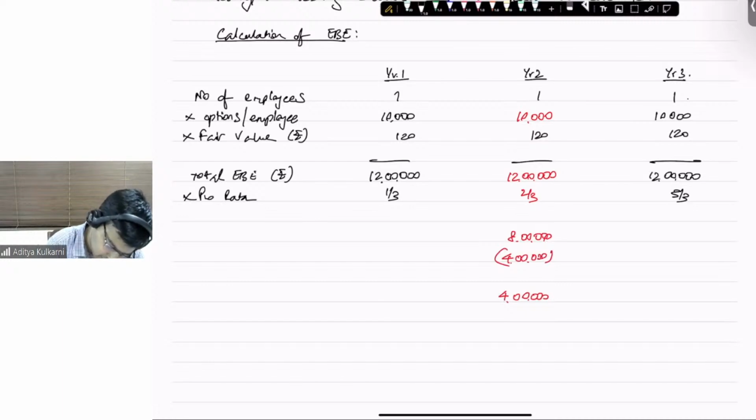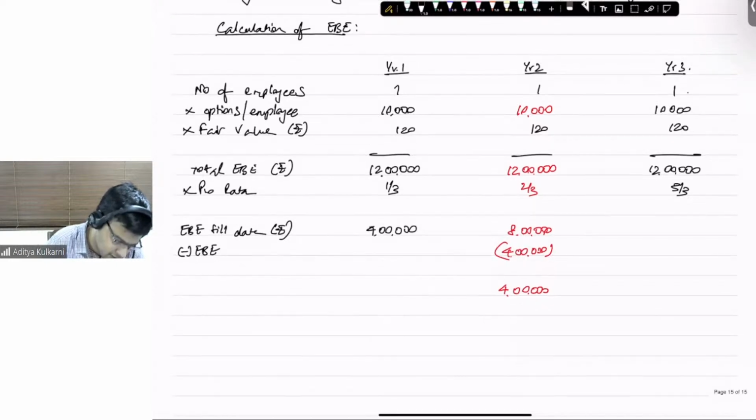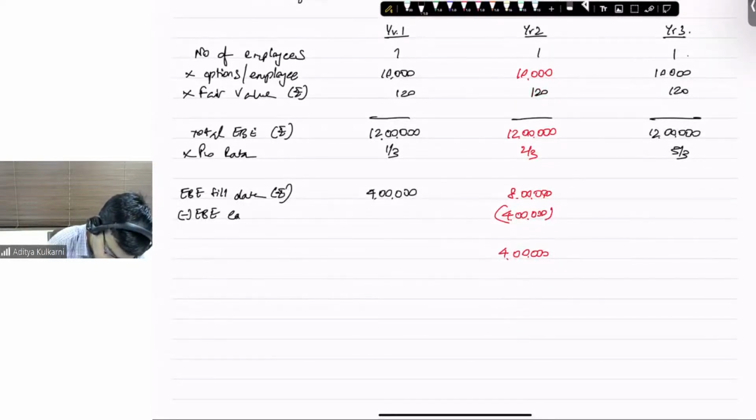Let us then proceed to fill this. EBE till date, rupees 4 lakhs, plus EBE earlier recognized, rupees.